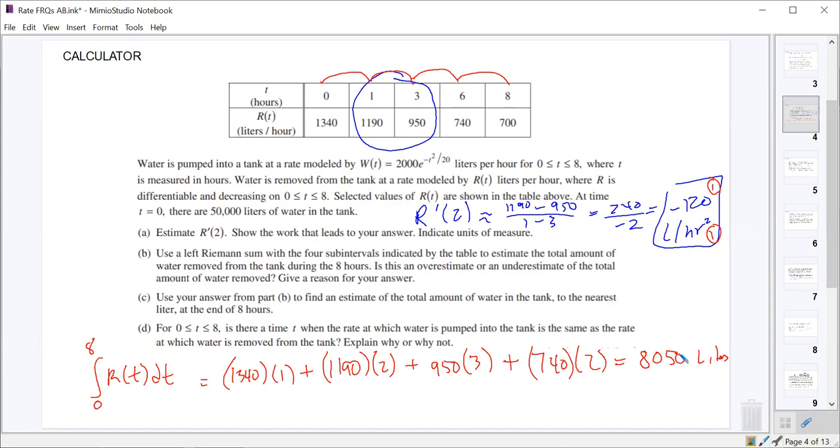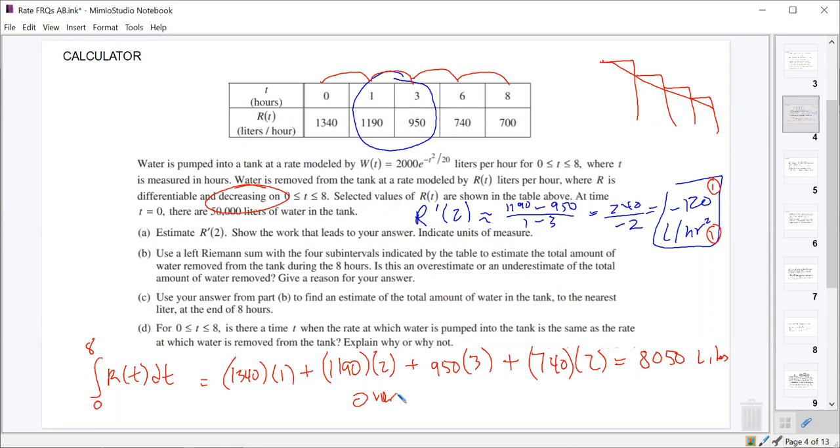Then we want to know if the value we got there is an overestimate or an underestimate of the actual amount of water removed. We have a function that is always decreasing on the interval from 0 to 8. If you have a function that is always decreasing, the integral using a left Riemann approximation should always extend above the function.